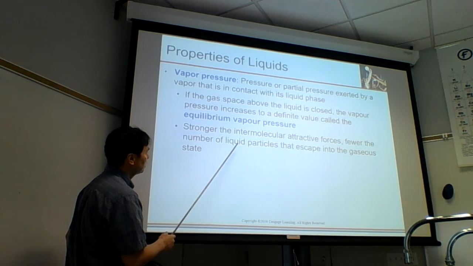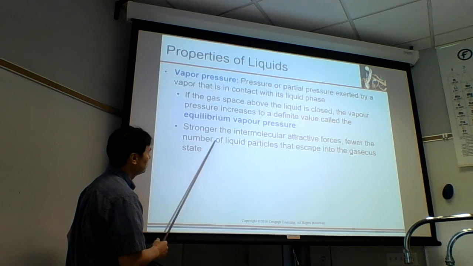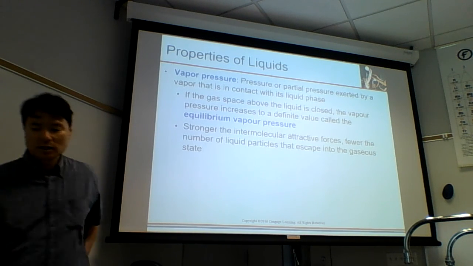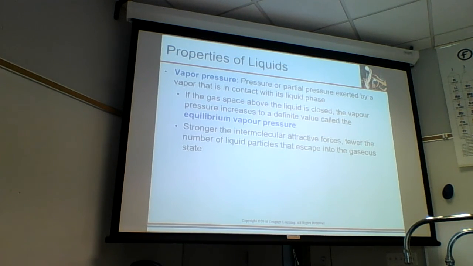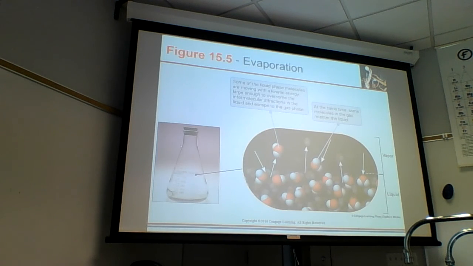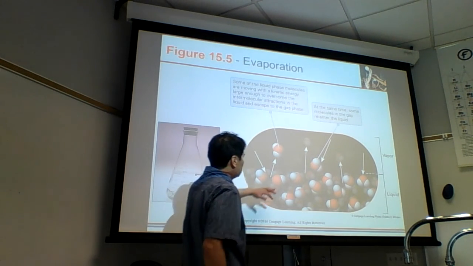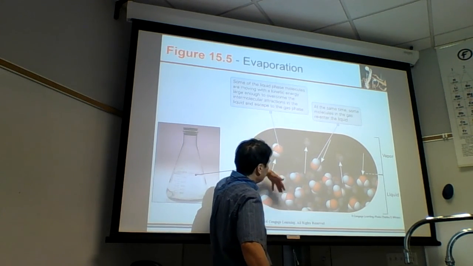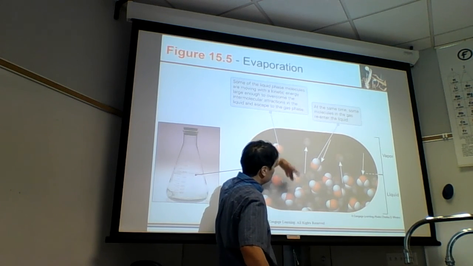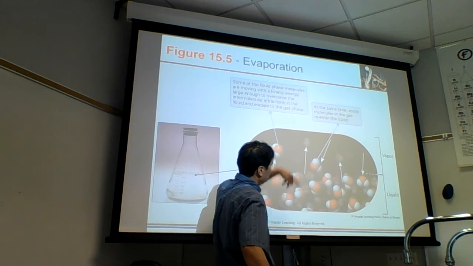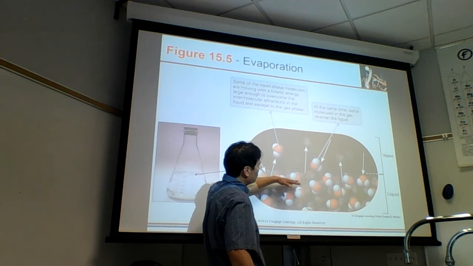The stronger the intermolecular attractive forces, the fewer the number of molecules in the gaseous state. So what does the vapor pressure depend on? There are certain things that are volatile and there are certain things that aren't. Water is somewhat volatile, that is, the water molecules volatilize off the surface here. Alcohol is much more volatile.